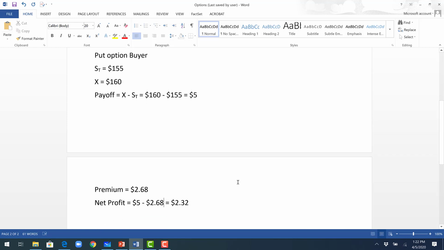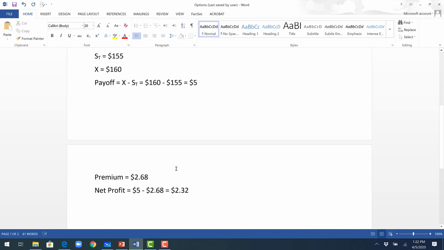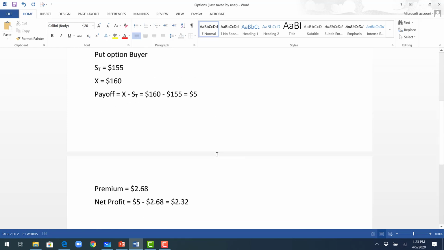So that is the put buyer's net profit from this position, and therefore for the writer it would be a loss of 2.38.